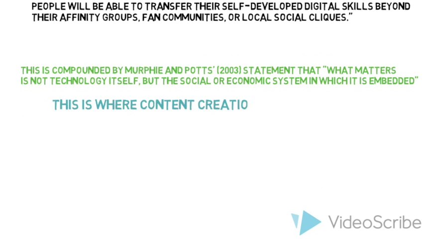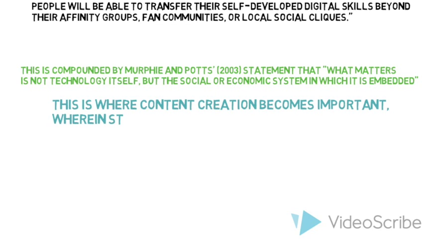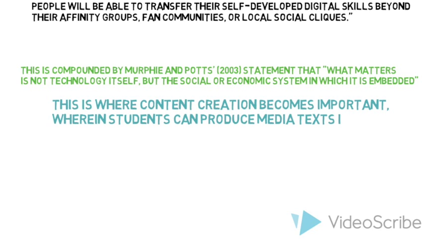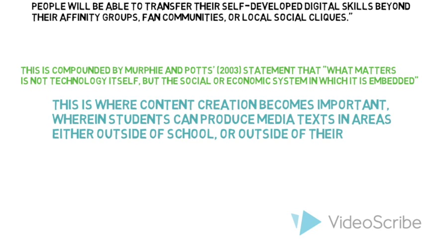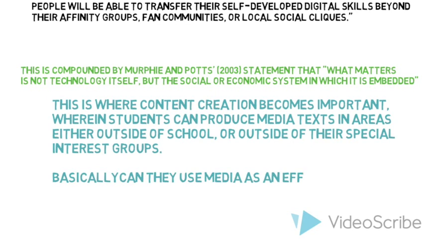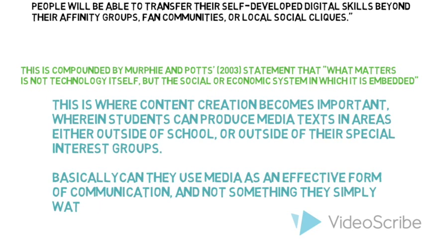Further, this is where content creation becomes important, wherein students can produce media texts in areas either outside of school or outside of their special interest groups. Basically, can they use media as an effective form of communication and not something they simply watch or read?